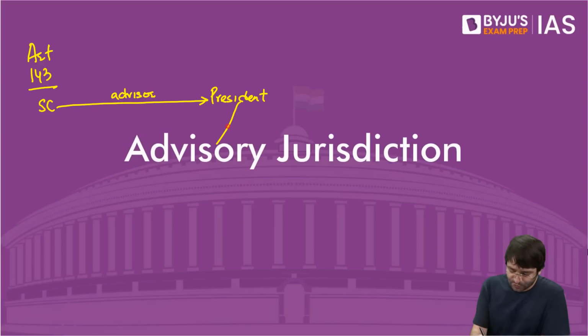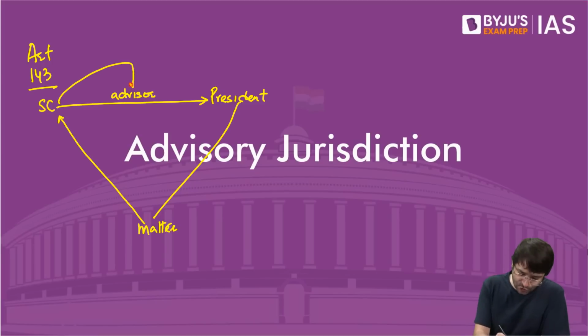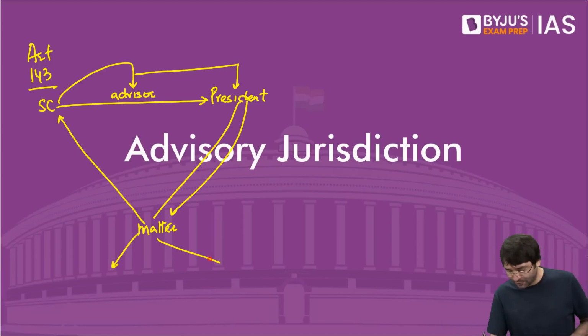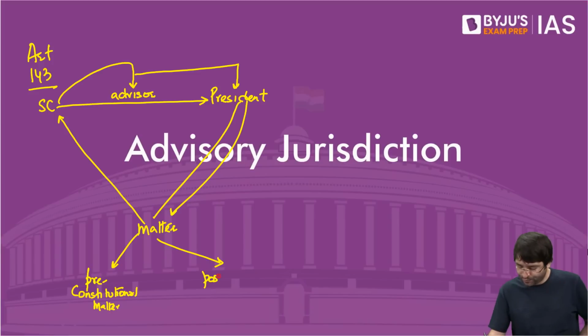What the President can do, the President can refer any matter to the Supreme Court, asking the Supreme Court to advise the President on this matter. But this matter can be broken down into two broad categories. Either it is a pre-constitutional matter or it is a post-constitutional matter.